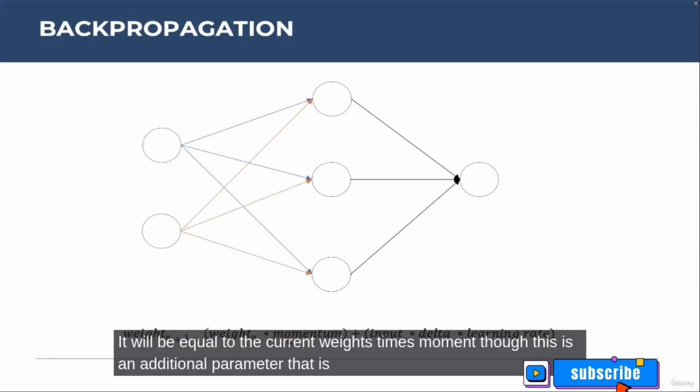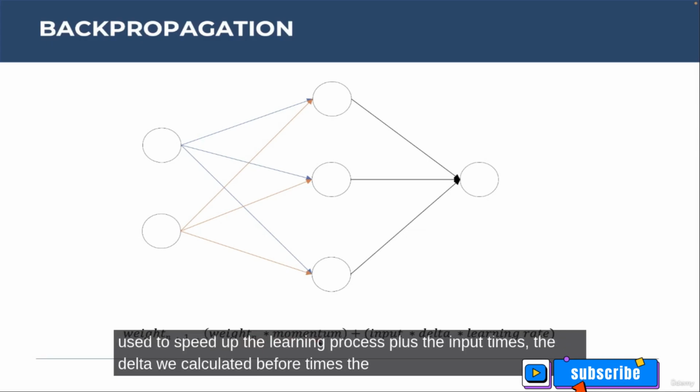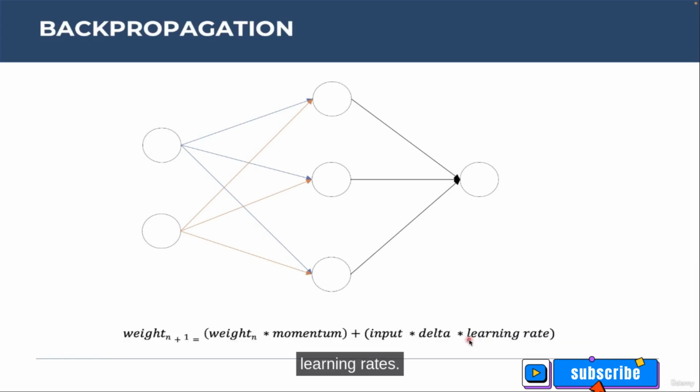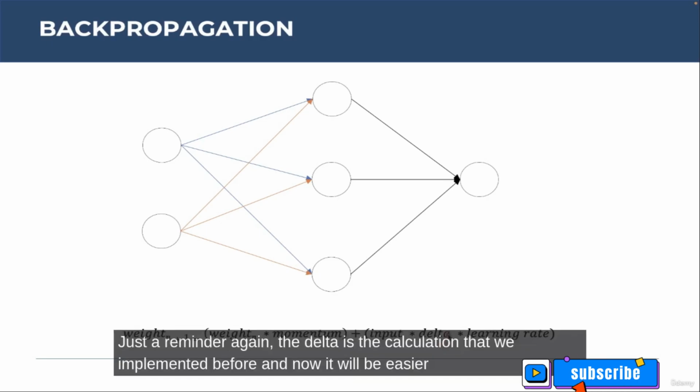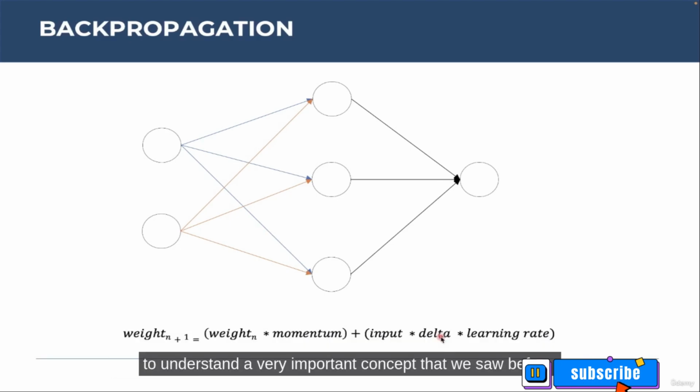This is an additional parameter that is used to speed up the learning process, plus the input times the delta we calculated before, times the learning rate. Just a reminder again, the delta is the calculation that we implemented before, and now it will be easier to understand a very important concept that we saw before.